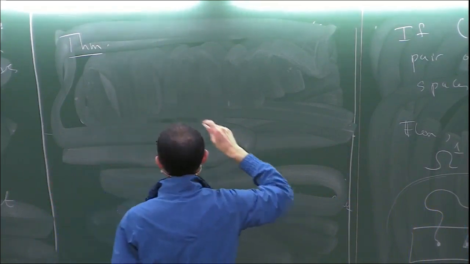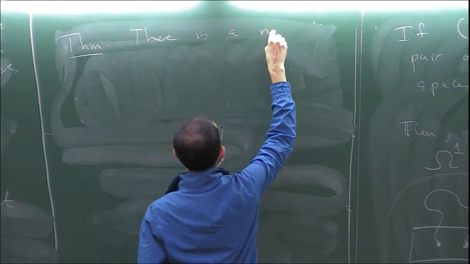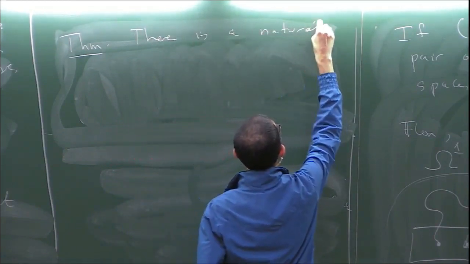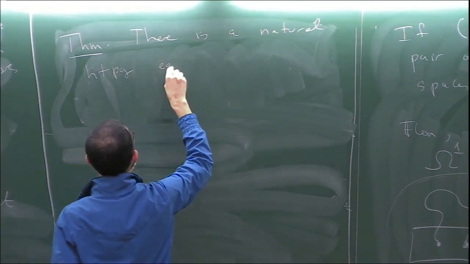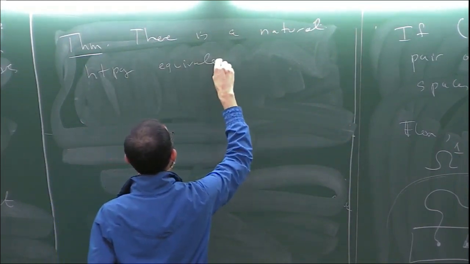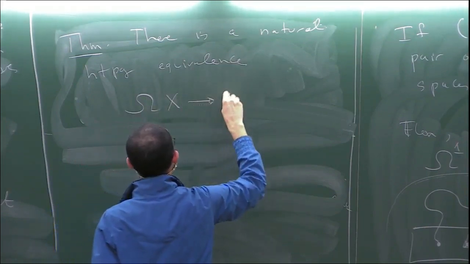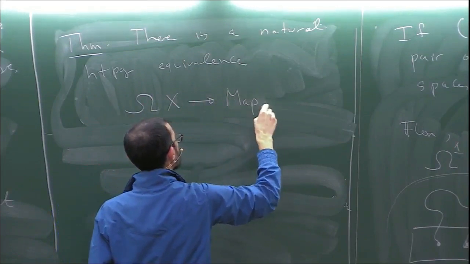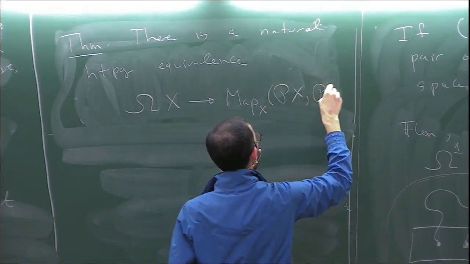There is a natural homotopy equivalence from the loop space of X to a space of maps over X from the path space to the path space.